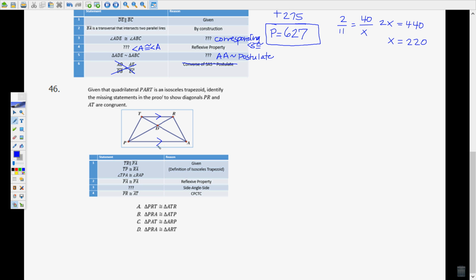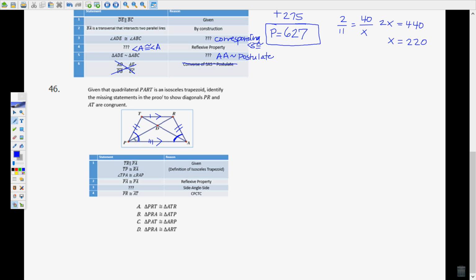PR is parallel to TA. And TP is congruent to RA. They're isosceles. And then angle TPA here is congruent to RAP down here. And then PA is equal to itself.